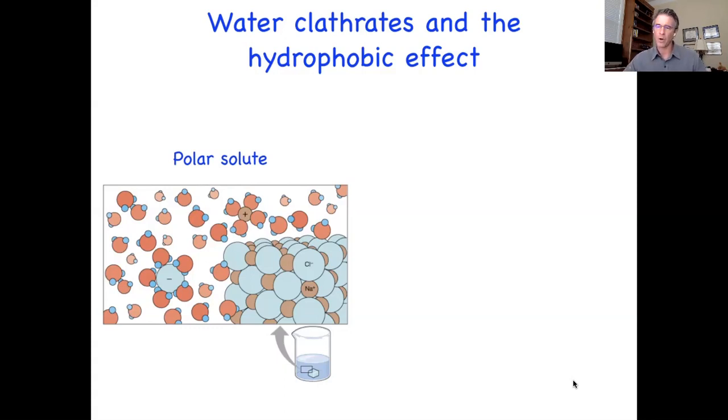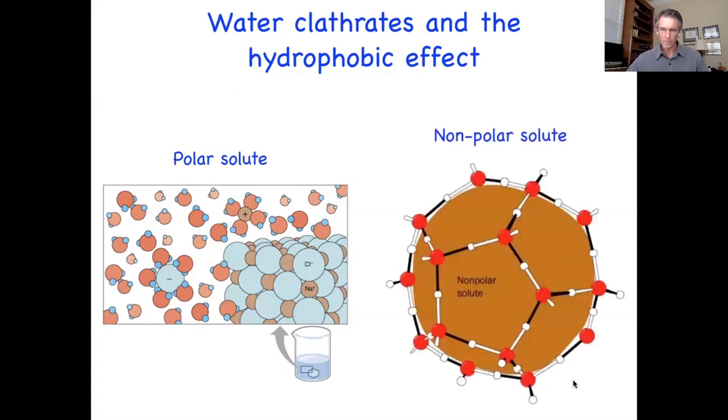But the cavities that water forms, since it can't solubilize this stuff, are very unusual. Water molecules will sort of have to get out of the way, right? But because they can't solubilize this hydrophobic molecule that's being shoved in there, they do a couple of really interesting things when they form these cavities.